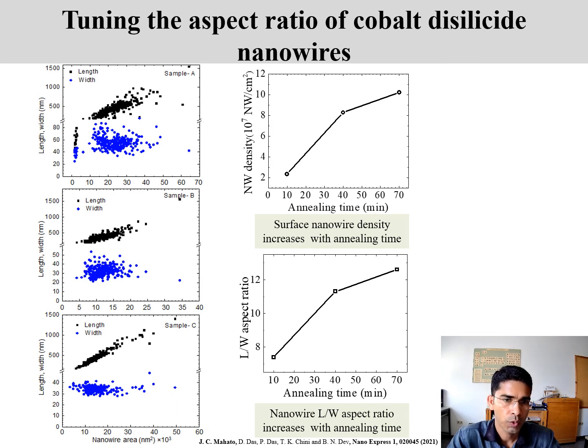So there are two distinct types of nanostructure. One is nanowire and the other is nanodot, but for the second two sets of samples there are only nanowires present.